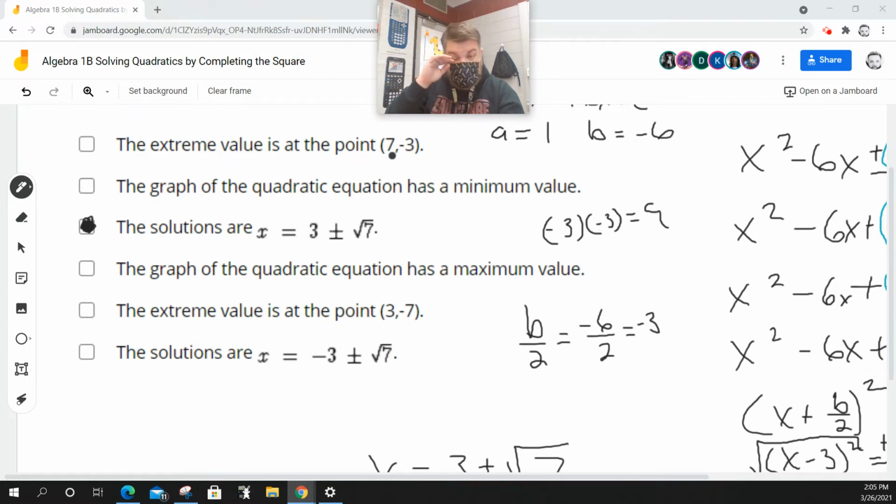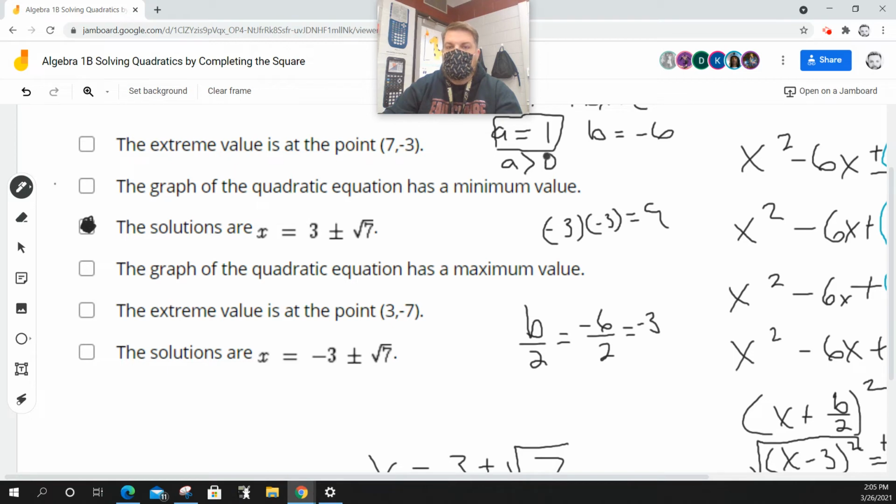So is this going to have a minimum or a maximum, though? How can I tell? The x is either positive or negative. So here's what I want you to know. A tells us if it's minimum or maximum. Is A greater than or less than 0?